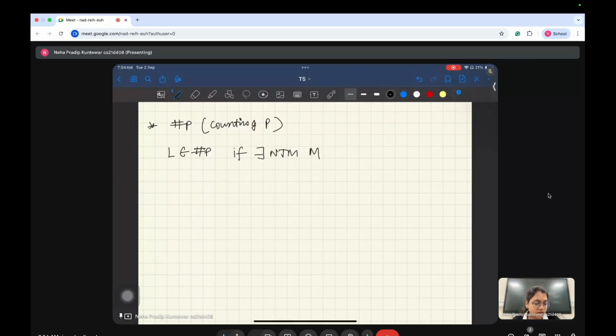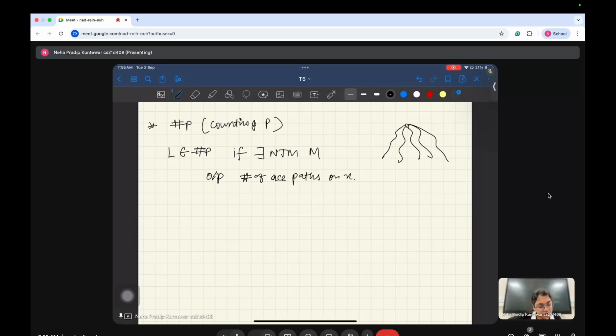There are several computational paths, and it is going to output the number of accepting paths on X. That's what it does.